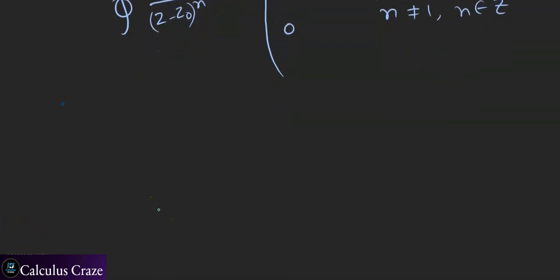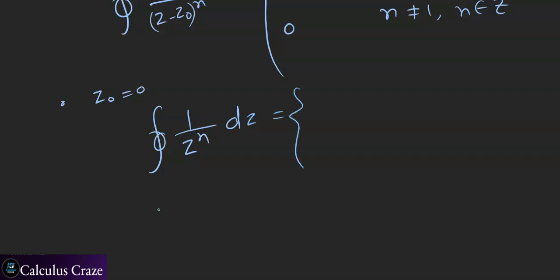If you take z naught to be 0, then this integral of 1 over z to the power n dz also satisfies this. Over some closed contour which is surrounding 0, it is going to be 2 pi I when n is 1, and it is 0 when n is not 1, right?